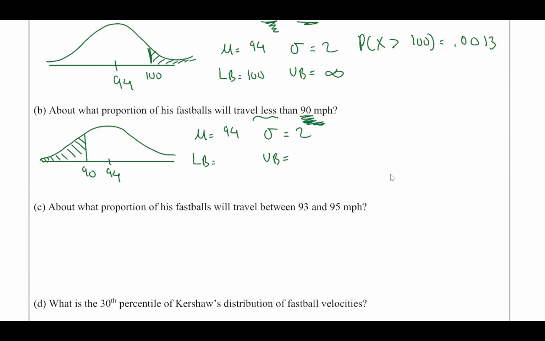Yeah, for the lower bound it should be negative infinity. Remember, the lower bound is the lowest number that gets shaded. If there's no cutoff, you say negative infinity. What about my upper bound? 90? Perfect.